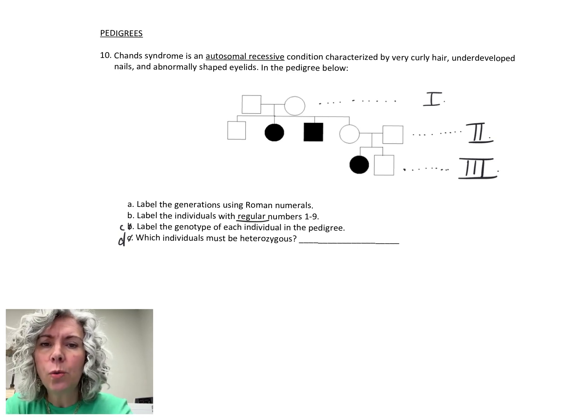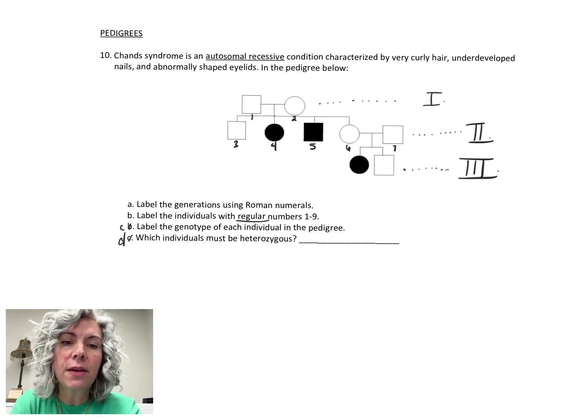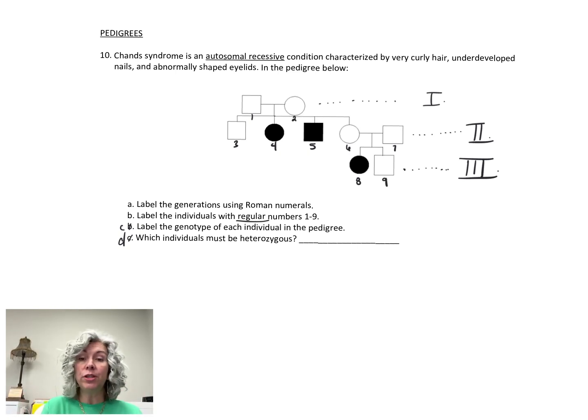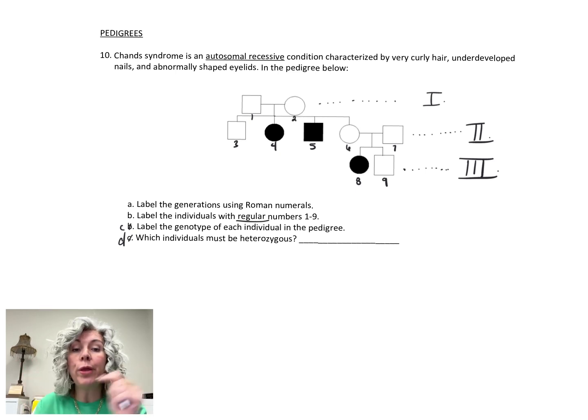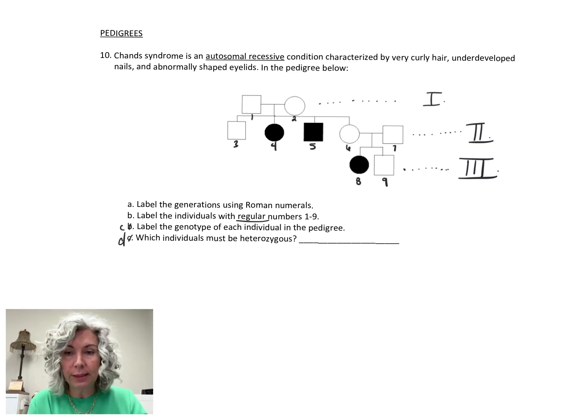So we've got 1, 2, 3, 4, 5, 6, 7, 8, 9. That's all you have to do in B. From left to right, generation 1 comes first, 2nd generation comes next, 3rd generation comes next. Basic numbering, left to right.